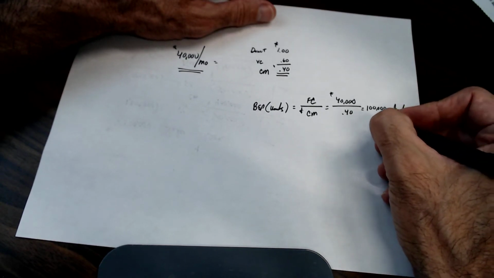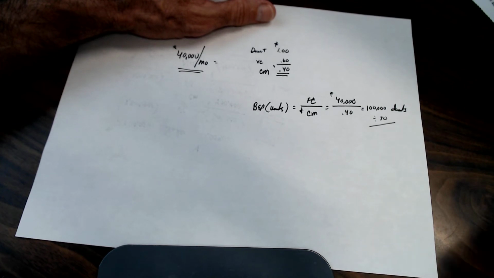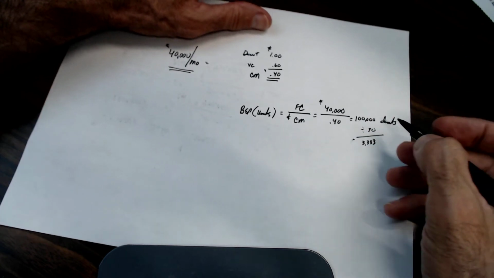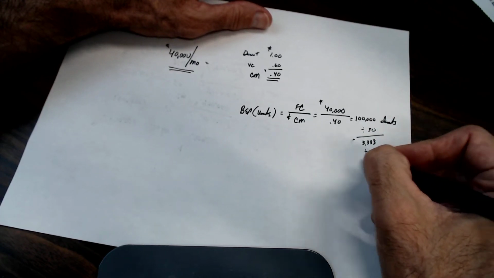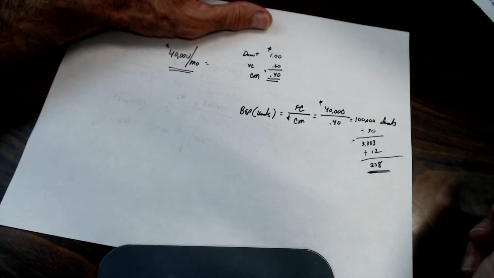Wow, can I do that? Let's see, divided by about 30 days a month. I'm open every day. That's 3,333 donuts. If I sell them by the dozen, about 278 dozen donuts.